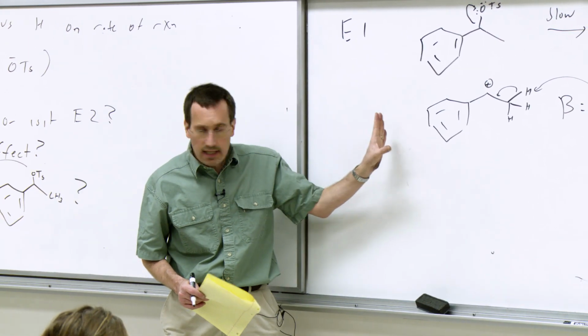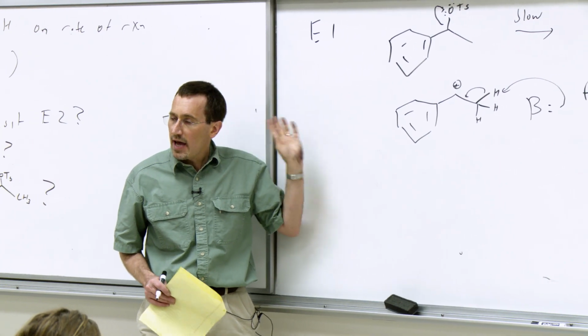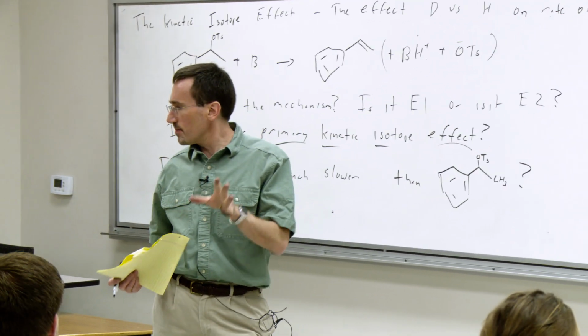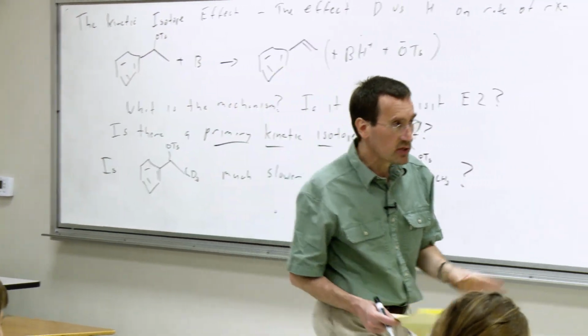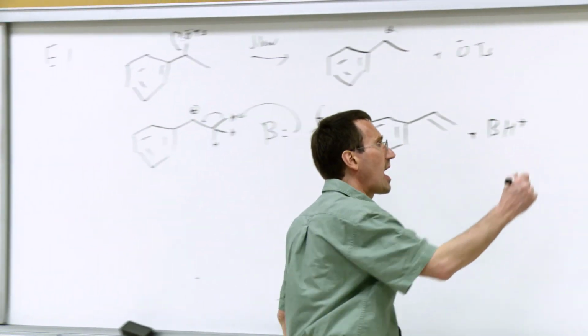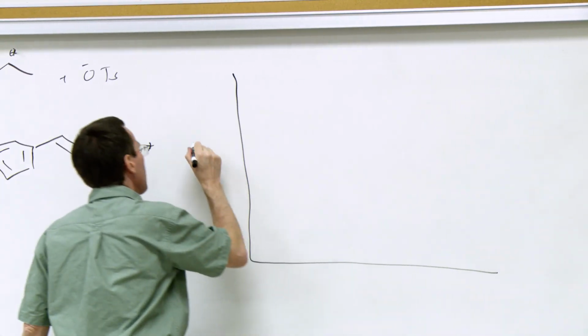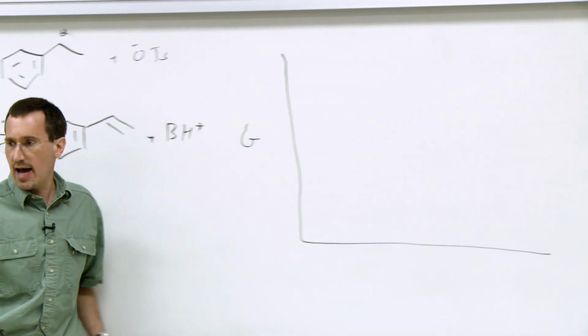All right, so let's consider this reaction. And by now, we should be good at writing reaction potential energy diagrams, right? In a reaction free energy diagram, we write our free energy on the y-axis.